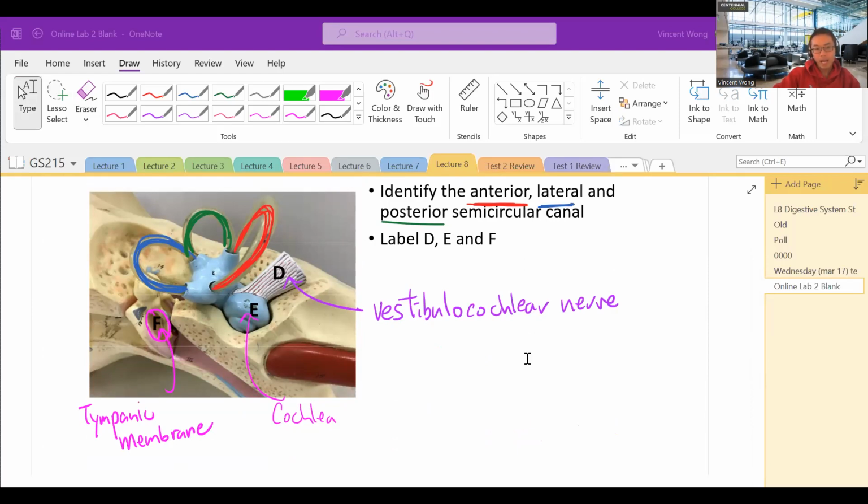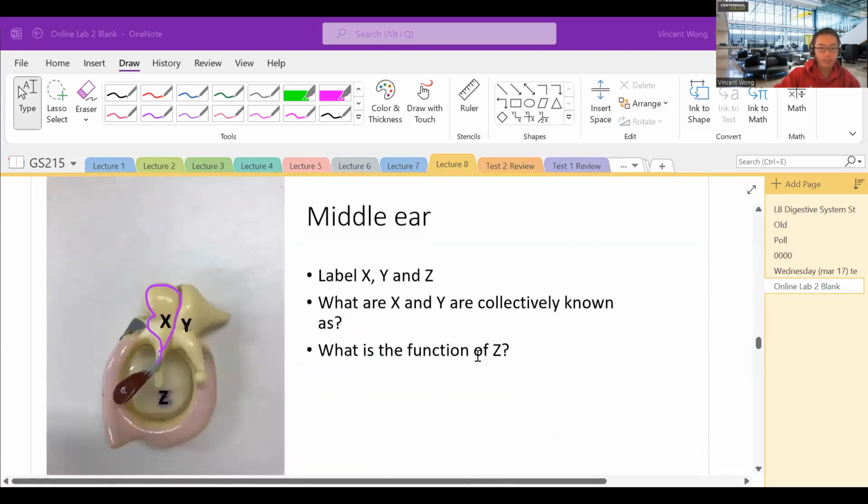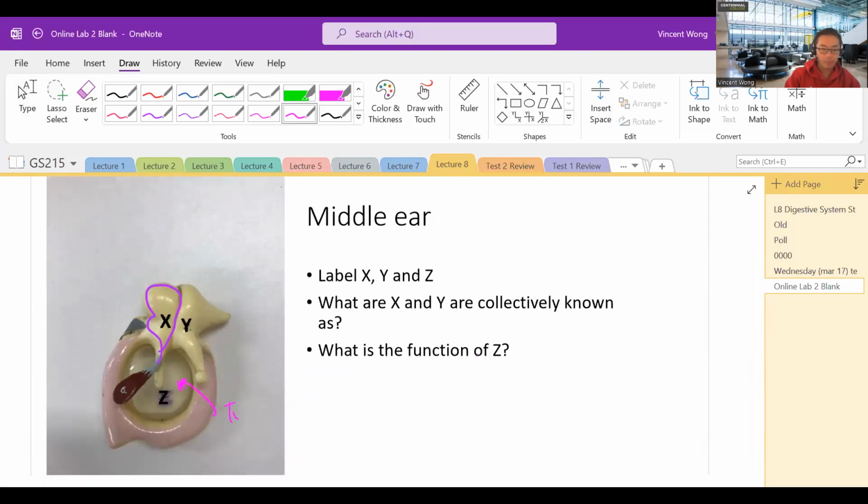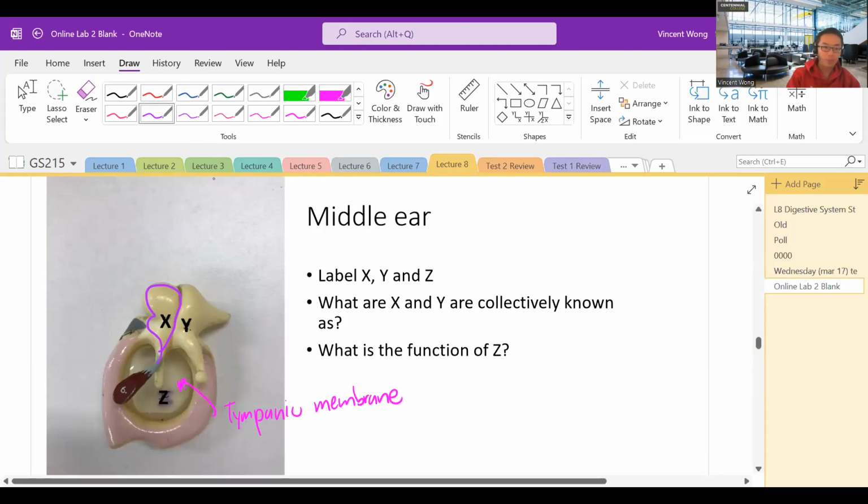Now, when we take this thing out, we can see over here, right? Here it is again, the tympanic membrane. Let's just label that first. So on the medial side of the tympanic membrane, you will have this bone, right? The one with the big knob.